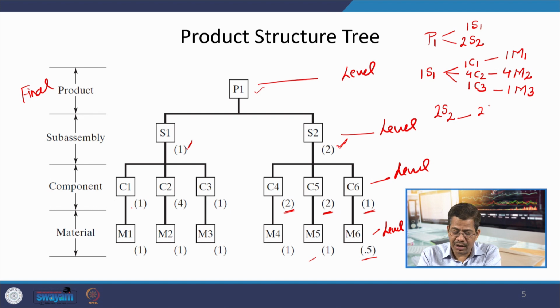So, 2 S2 will require 4 C4. It will require 4 C5 and 2 C6.